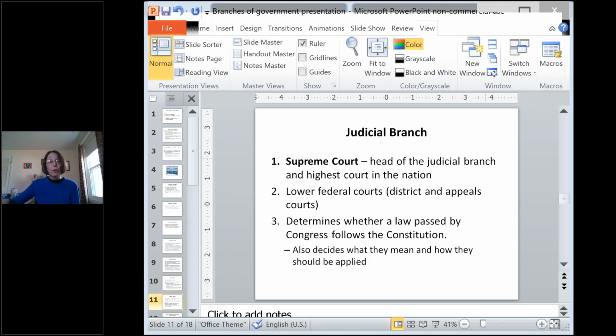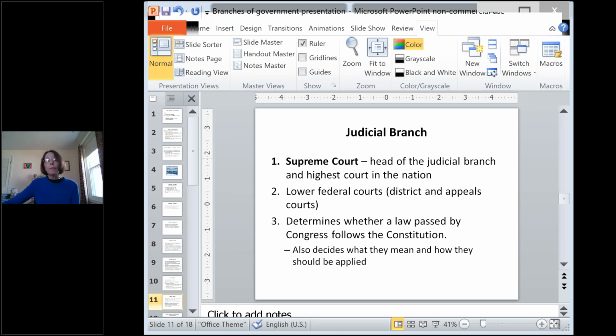Okay, so the third branch is the judicial branch, which is basically just another name for the courts. The Supreme Court is the highest court in the country. It's the head of the entire judicial branch. We also have lower federal courts, which are the district and appeals courts, and those are throughout the country.